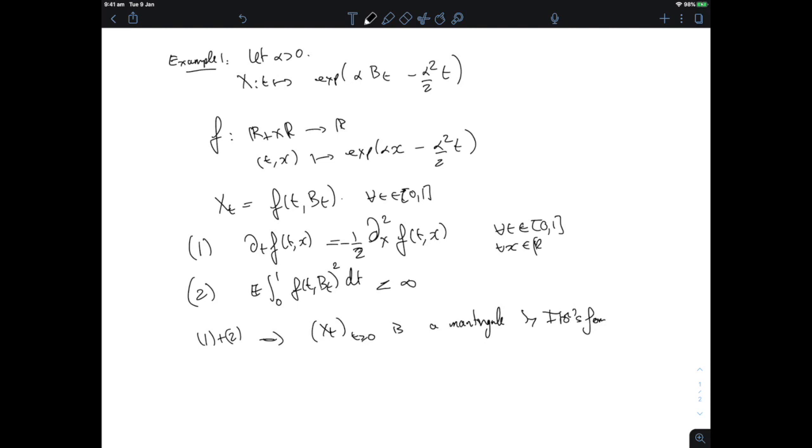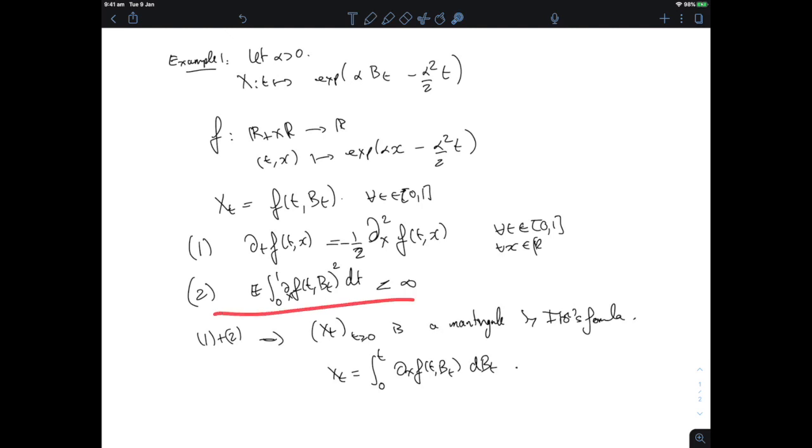All right, because Ito's formula would be telling us that X_t is the integral from 0 to t of the partial derivative in x of f(t,B_t) dB_t. So it would be an Ito integral of an H2 process.